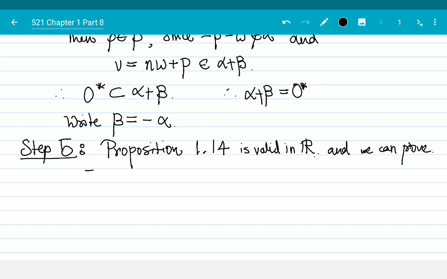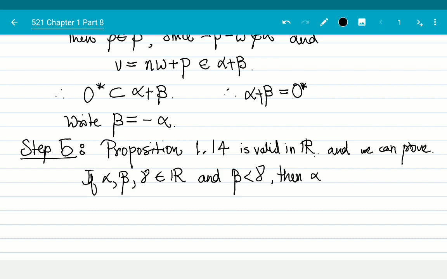if alpha, beta, gamma belong to R, and beta is smaller than gamma, then alpha plus beta is smaller than alpha plus gamma.